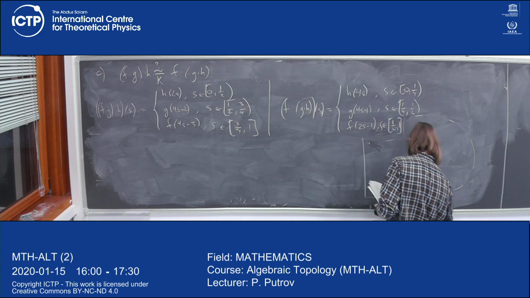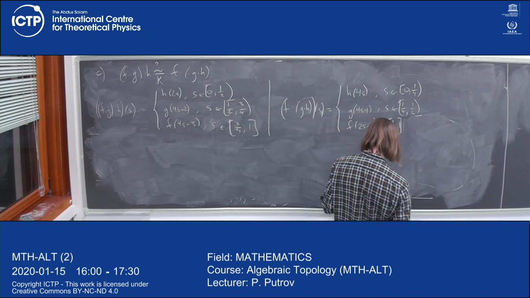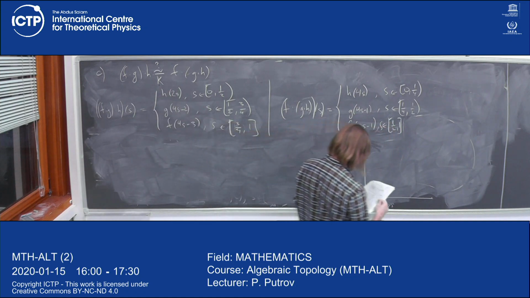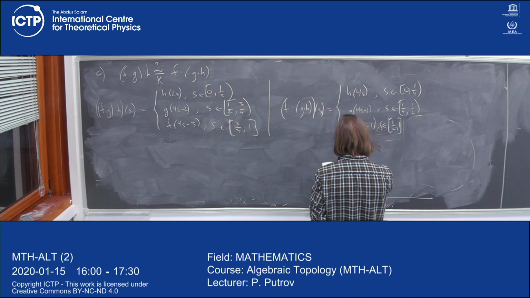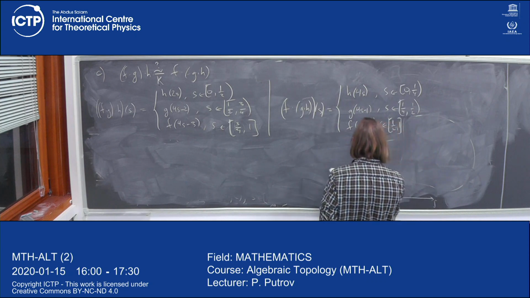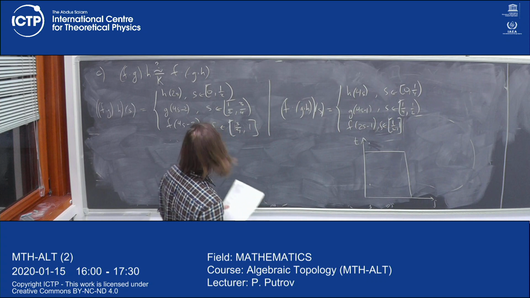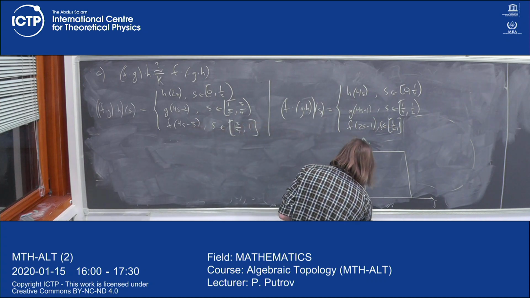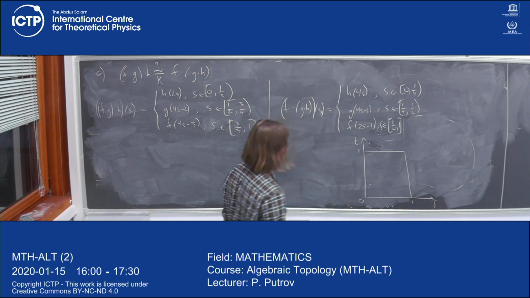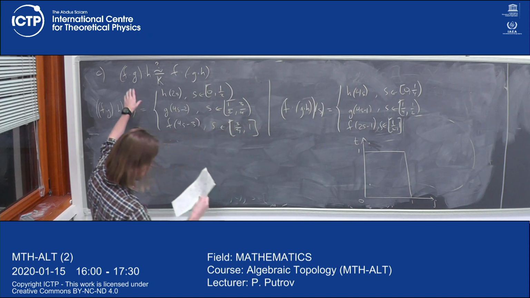So I will write an explicit formula for the homotopy K, but let me first visualize, I mean, how do you want to construct it geometrically? Again, let me draw out this square on which our homotopy will be defined.